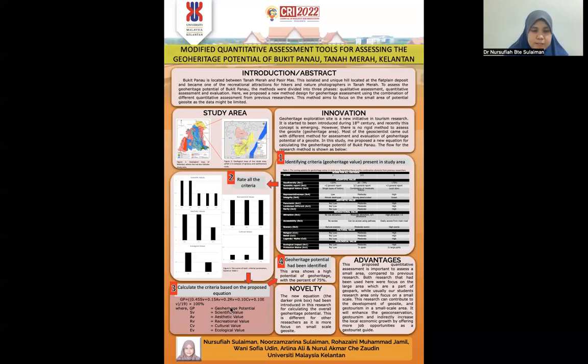Okay, I would like to emphasize a little bit about the equation, which is our main thing here, where the geoheritage potential that we propose is divided into several values or criteria, and we give the ratio to each criterion based on its importance.